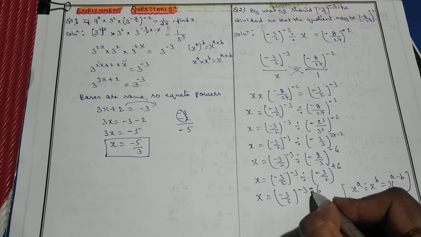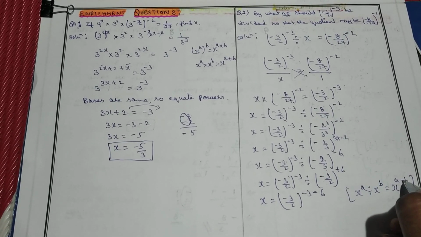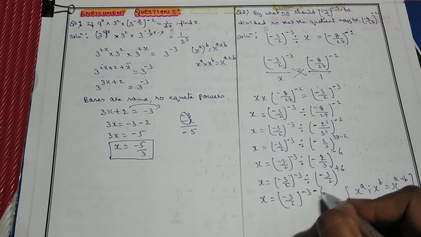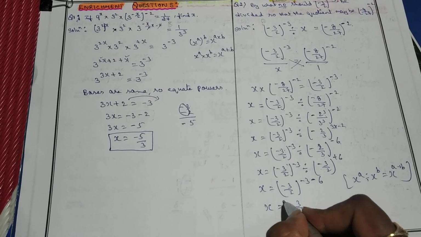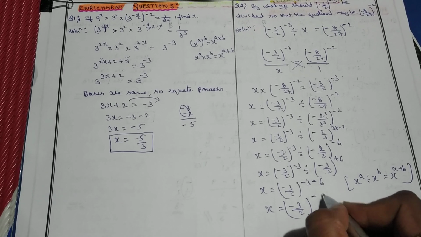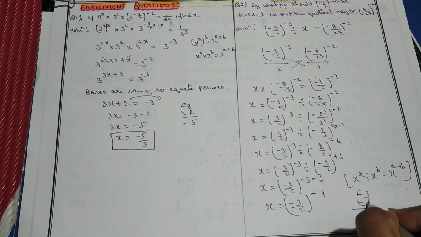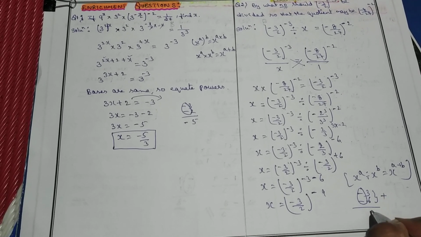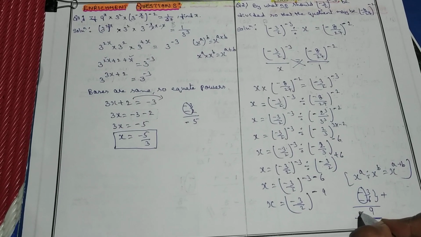So a is minus 3 and b is plus 6, but since we have an operation here, minus, it becomes minus 6. Then x equals minus 3 by 2 whole to the power of minus 9, because we know that minus 3 minus 6 is like signs, adding of numbers. So 6 plus 3 is 9. Keep the sign as it is, so minus.